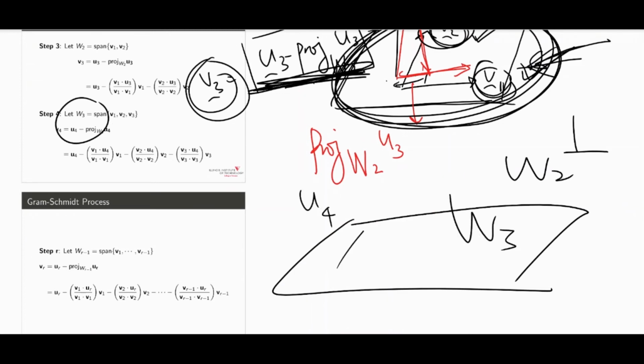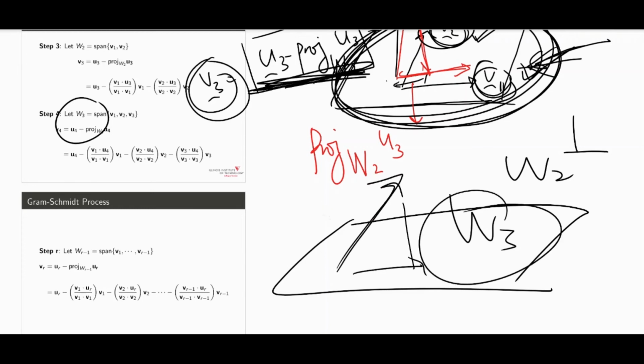Take the U4, right? Project it onto W3. Get the new vector right here, which is U4 minus the projection of U4 onto the vector space W3. This is in W3 perp, which means that it is orthogonal to every single vector from W3.